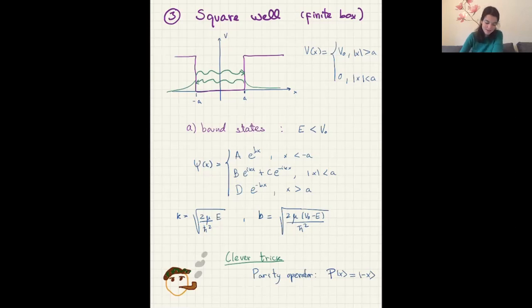And because H is symmetric around x equals 0, in particular, it will commute with this parity operator.